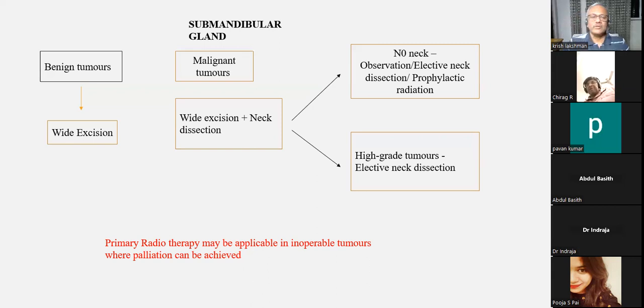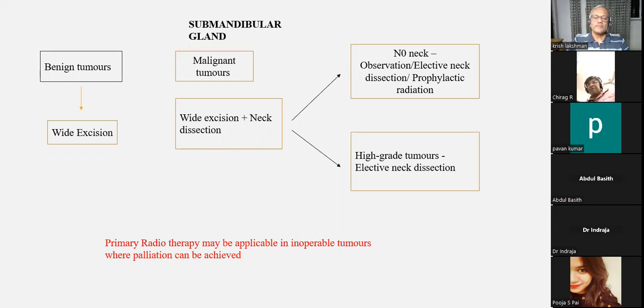If it's a big tumor, even though it may be clinically N0, you do that. And more importantly, if it's a high-grade tumor, it is better to do a neck dissection even in an N0 neck. And I think that's what the guidelines show, the one I have attached. Yeah, I think that also mentions that.